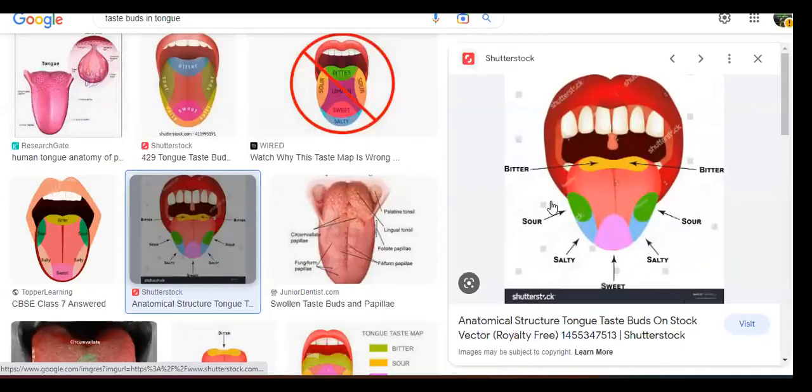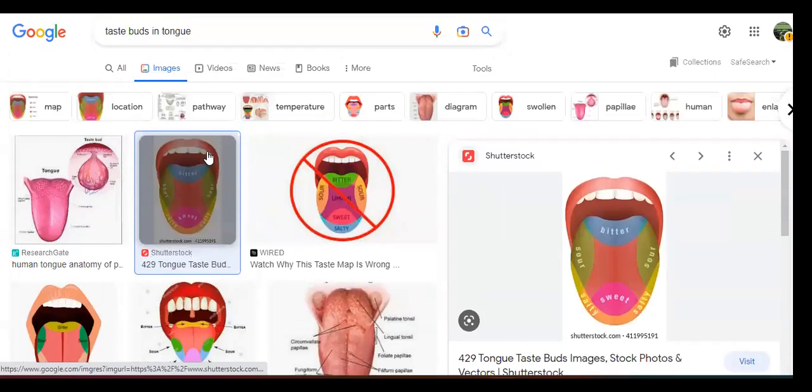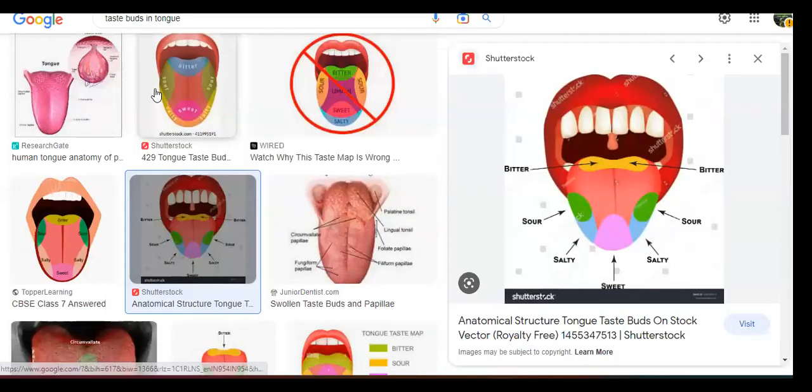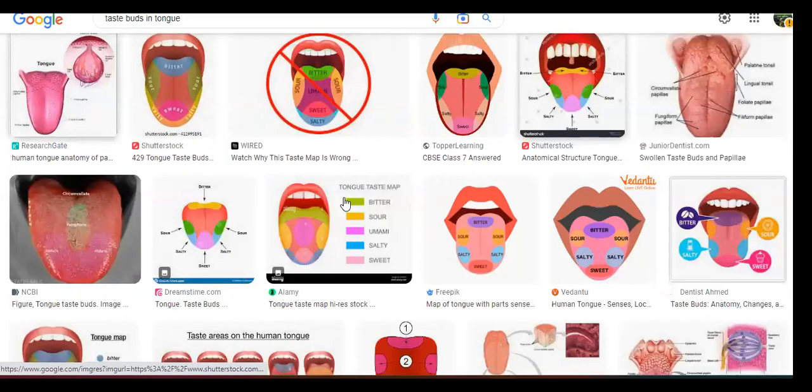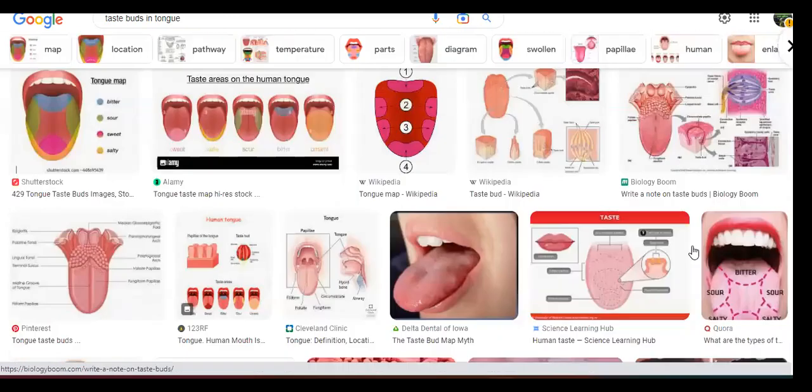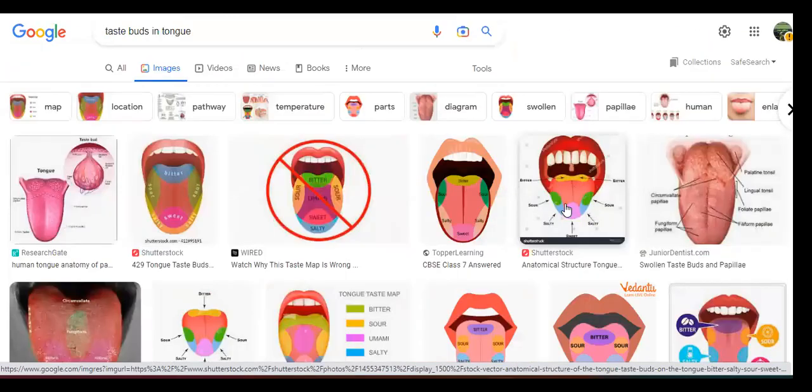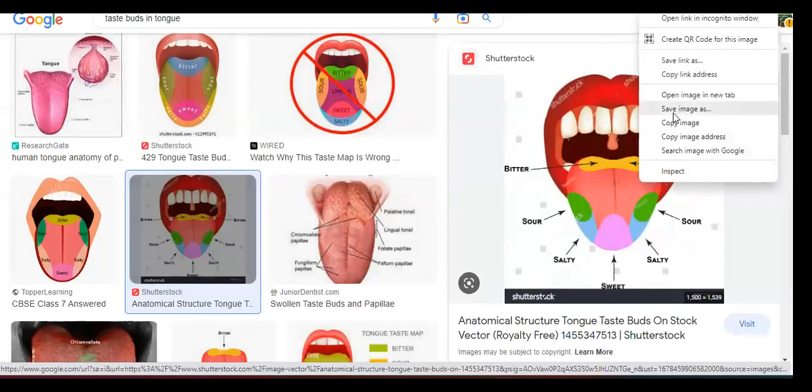This is one image. I think this is the good one.